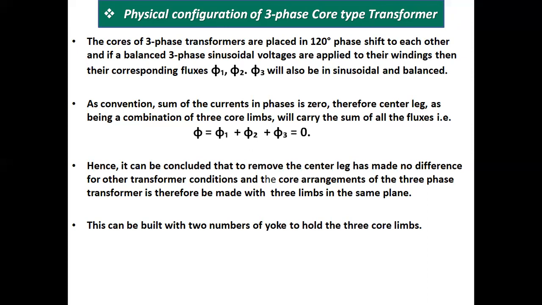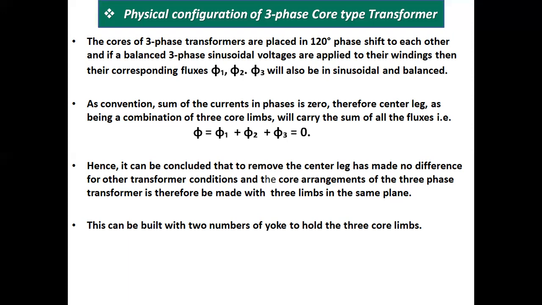Hence, it can be concluded that to remove the central leg makes no difference for other transformer conditions, and the core arrangement of the three-phase transformer is therefore made with three limbs in the same plane.